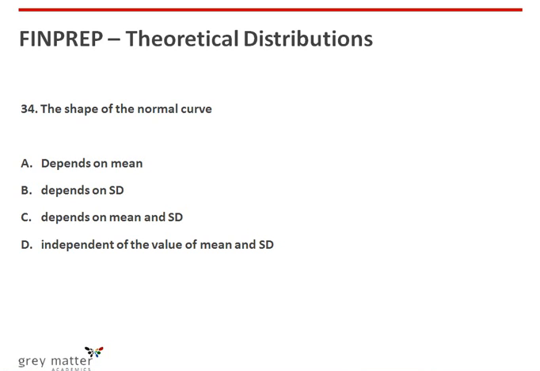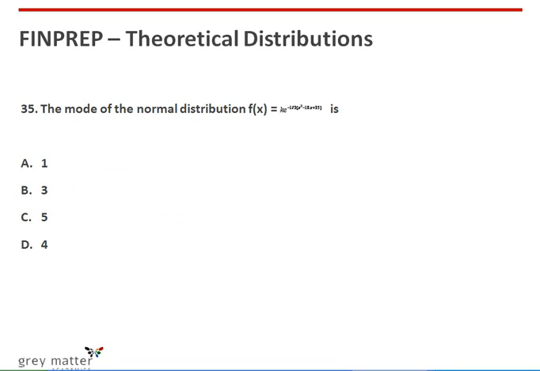So it is the C option, which says it depends on mean and standard deviation. 35th problem, the mode of the normal distribution f of x equal to k into e power minus half into (x squared minus 10x plus 25), which can be written in the standard form as.